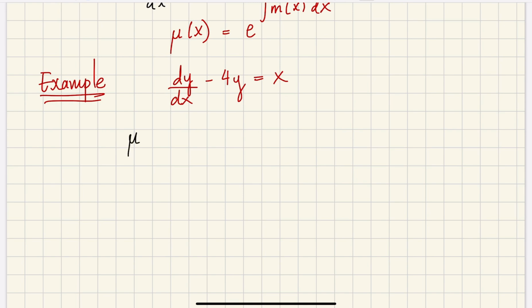So you get mu of x dy over dx minus 4 mu of x y is equal to mu of x times x.